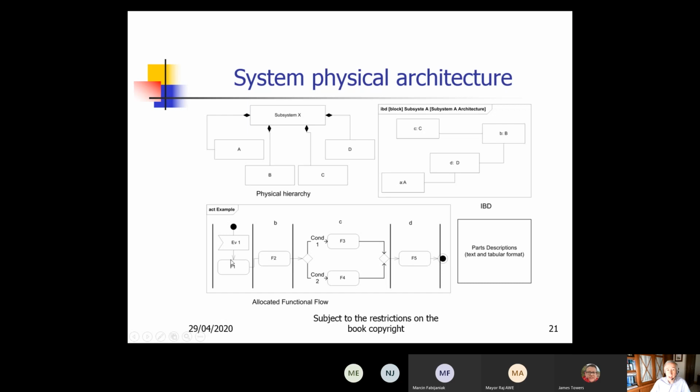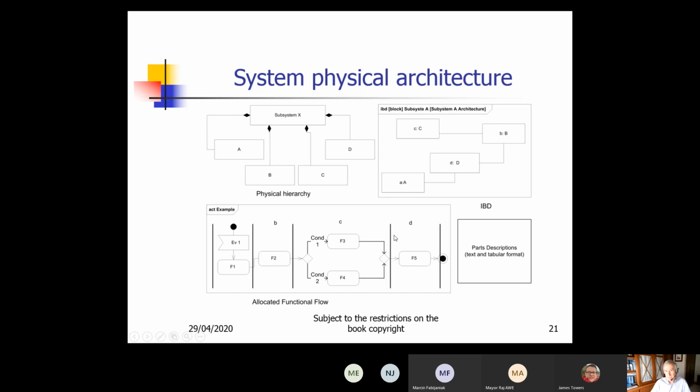We represent also the functional flows, but with partitions. In each partition, we identify the part that performs the function. These partitions are also called, in the methodology in SysML and UML, swim lanes.